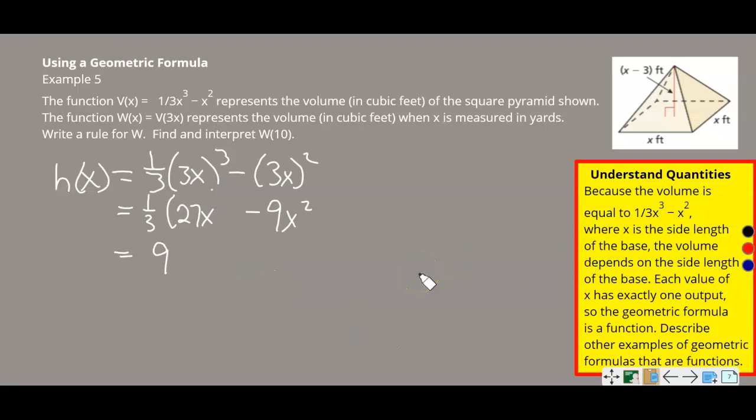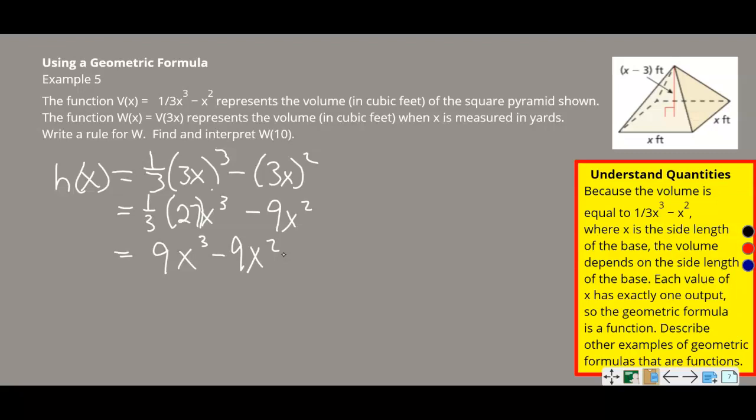So we're going to have 1/3 of 27x cubed minus 9x squared. Now I've got to distribute this to everything. So 1/3 of 27x cubed is 9x cubed, minus 9x squared. So that's going to be w of x.